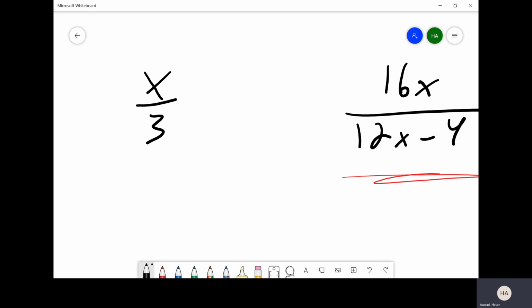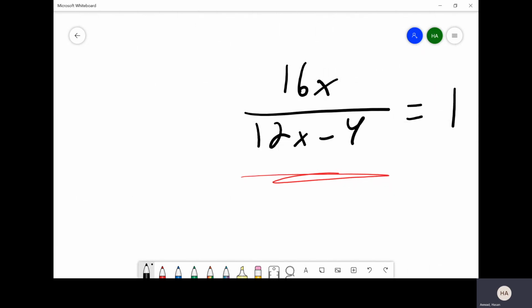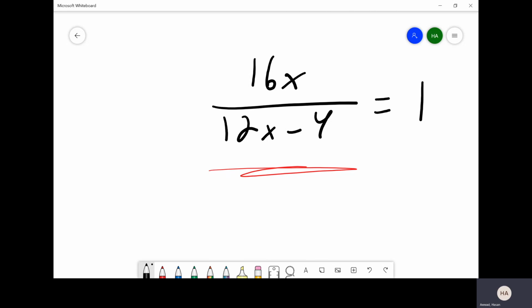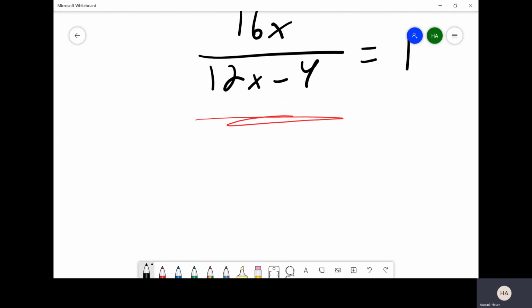And if x is equal to 0, well, then we have 0 over 3, and we know that that would be equal to 0. So it doesn't actually matter that our variable is in the numerator, right? So the x being multiplied against the 16 in the numerator, we actually don't even need to concern ourselves with that. That doesn't affect the domain. That doesn't affect where this equation can still be valued.